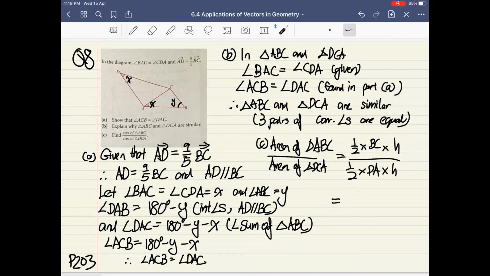If I eliminate the half and the H, I am left with BC over AD, and this we can find from over here. So it's not 9 over 5. In this case, BC is on top, so it's 5 over 9. And that is the last example.